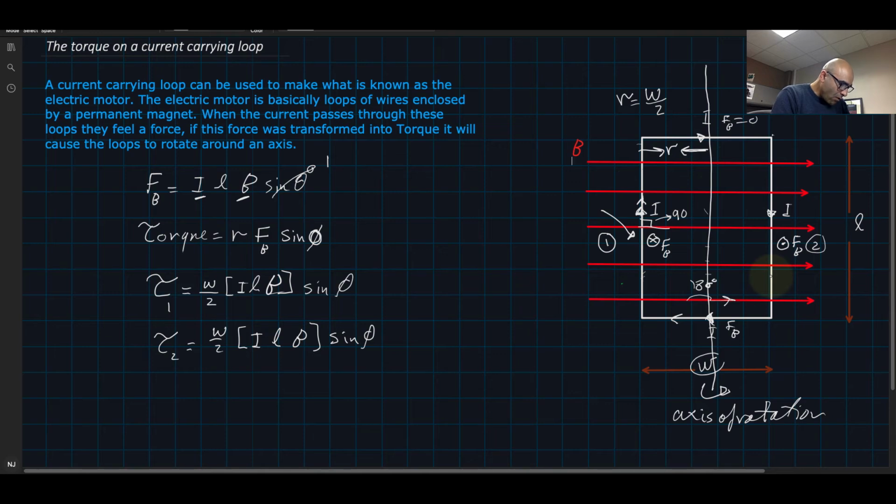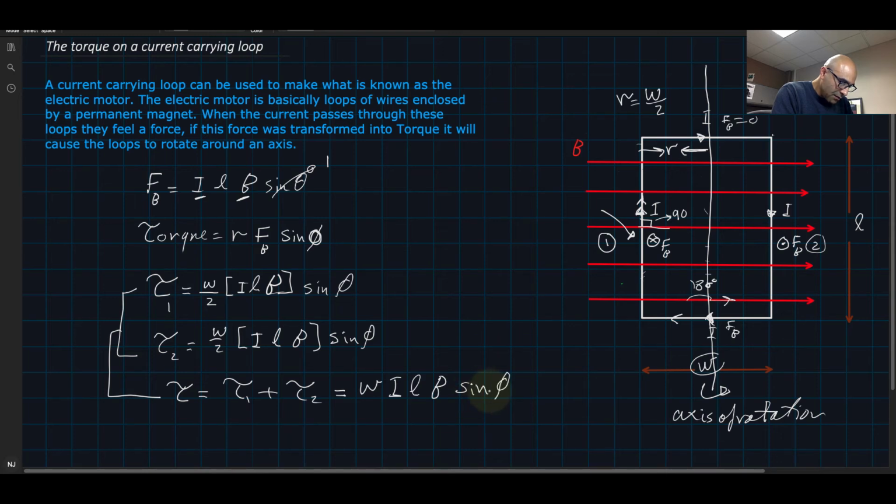So now, if we want to find the total torque, we just have to add these together. Total torque is equal to torque number 1 plus torque number 2, and they are exactly equal. So just take one and multiply it by 2, and that would be equal to W instead of W over 2, times I L B times sine phi.